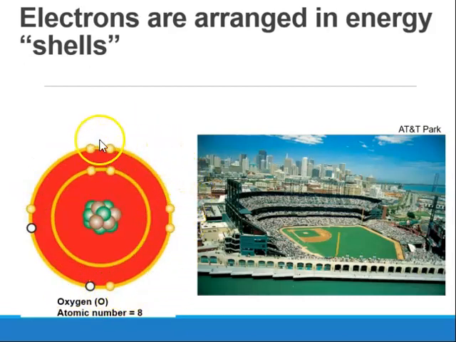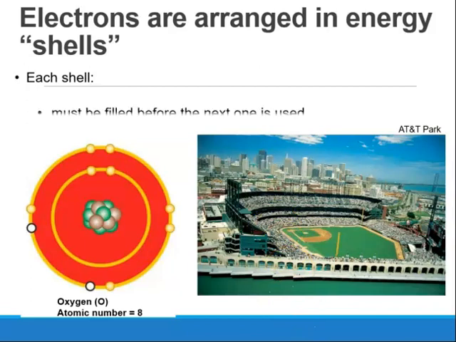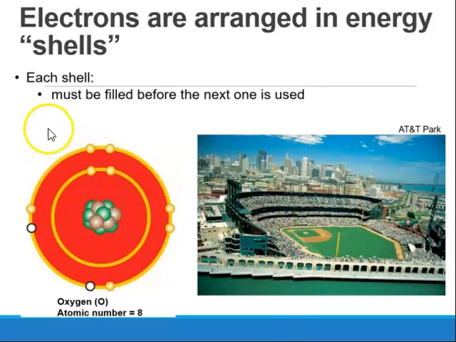Now that means that there are 2 more electrons that are needed to complete the octet rule for oxygen. So part of the rules, each shell must be filled before the next one is used, meaning this innermost shell has to be filled with 2 electrons before the next orbital can be filled.